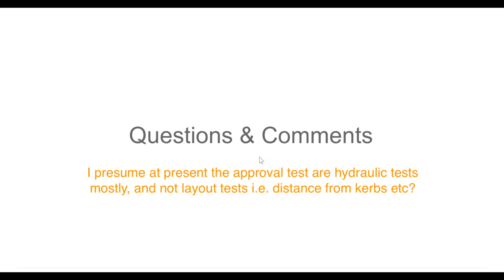You can specify that, or the maximum cover depth if you want to. The backdrops, whether you have full bore velocity or proportional velocity that you want to meet. So all those parameters can be tested as part of the approval test. If you need that, you can switch it off and just look at the hydraulic test.